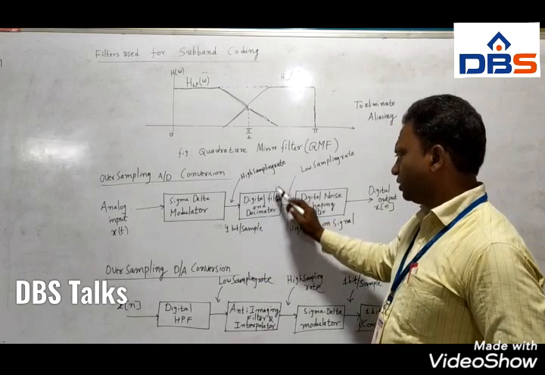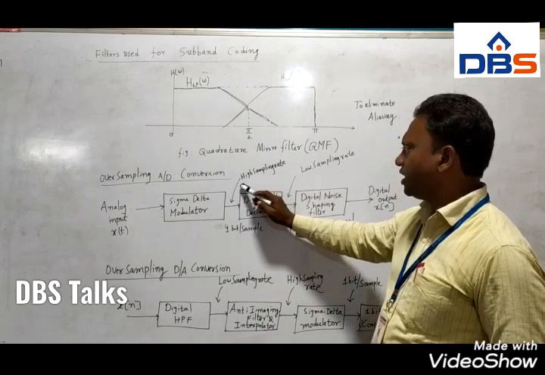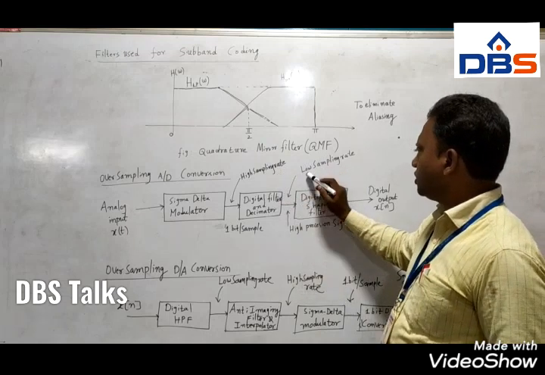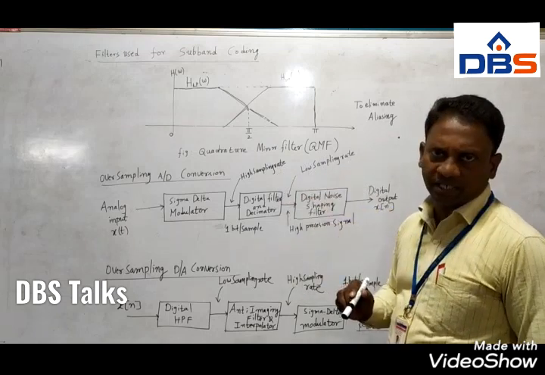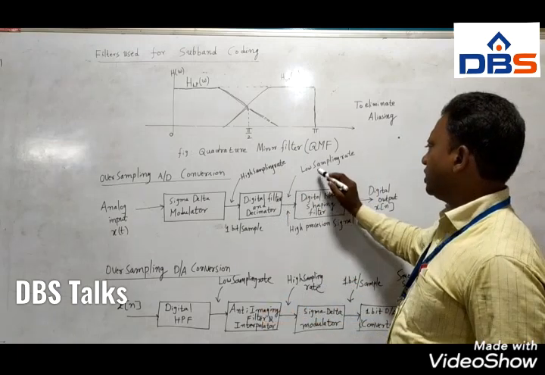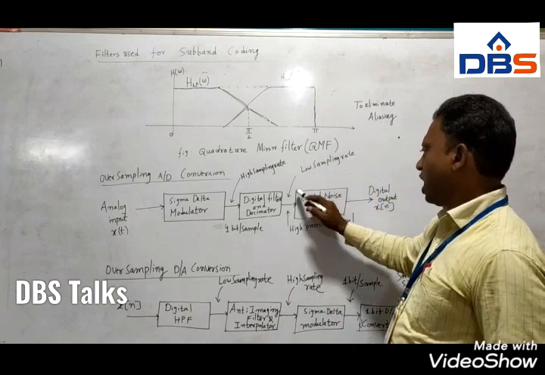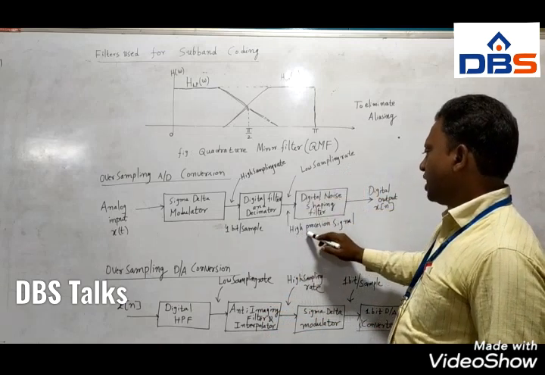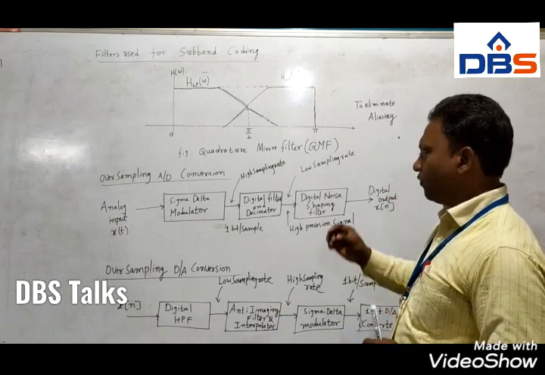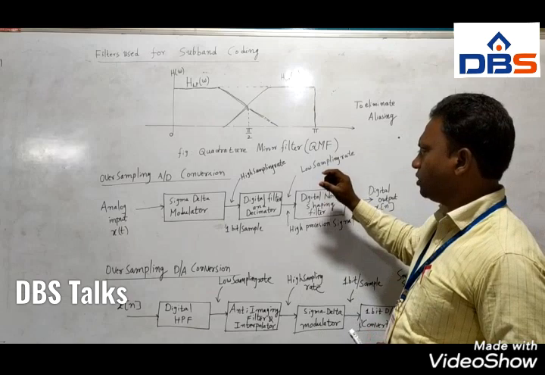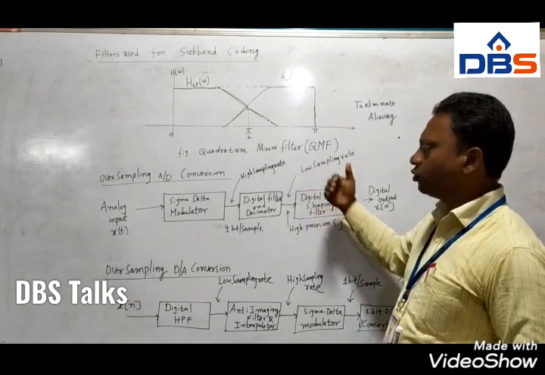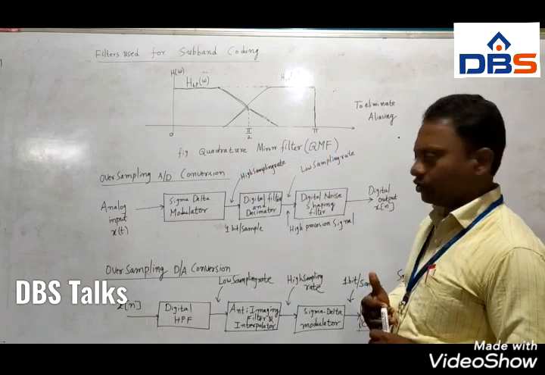And here we have a very high sampling rate. After that we down convert it to a low sampling rate using this decimator. The purpose of the decimator is to downsample the sequence, so the sampling rate is less. We have a very high precision signal, which means the output you are getting is very closely related to the input.